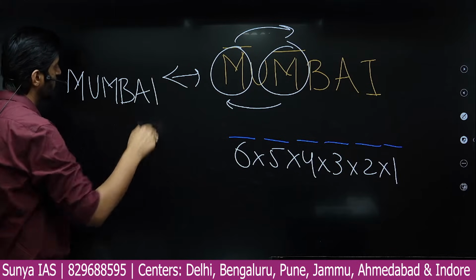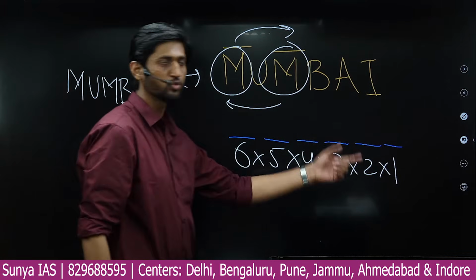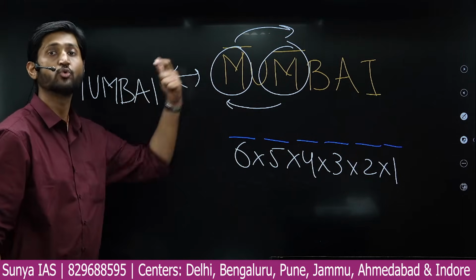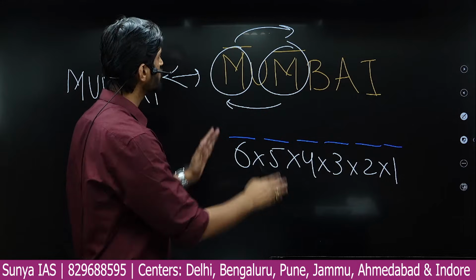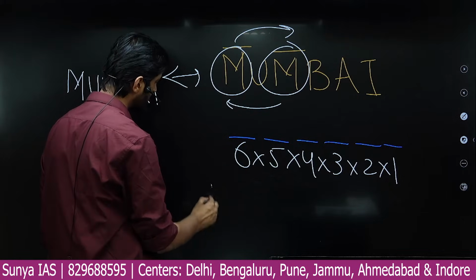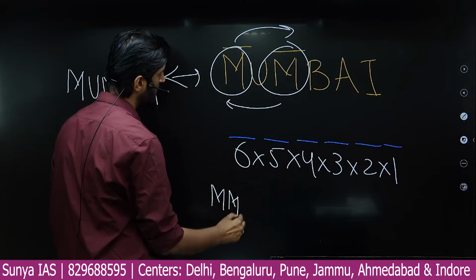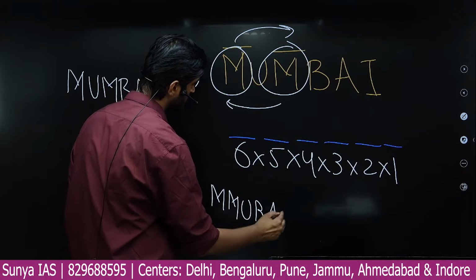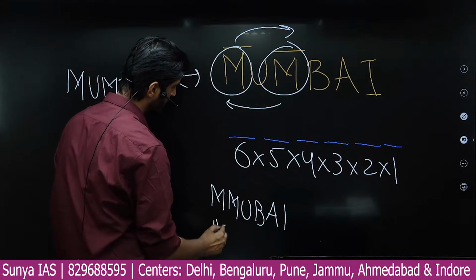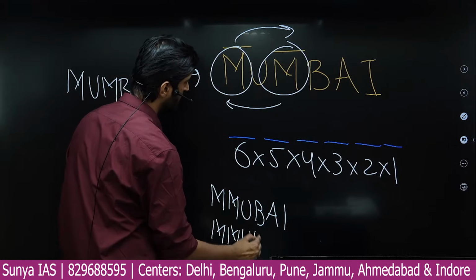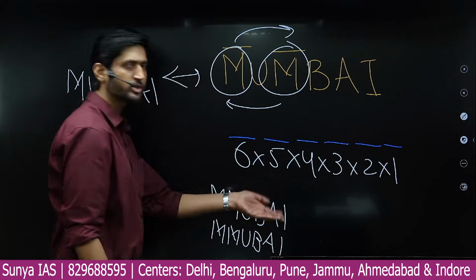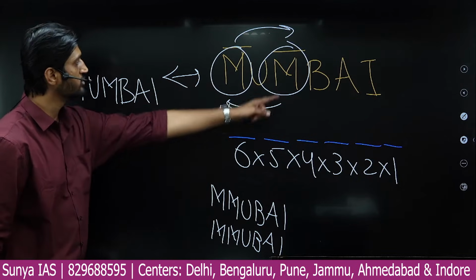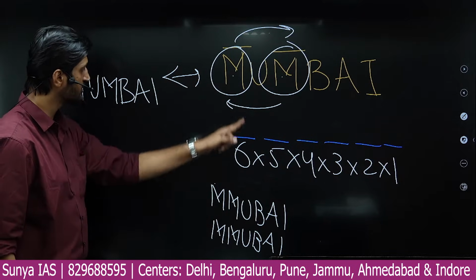And in this old approach, we are counting the 2 words as the same. So there is double counting going on. Let's say we have 2 different words, MMUBAI and another word MMUBAI. You will argue they are both the same word, but one can say no, this is the first M here, this is the second M here.